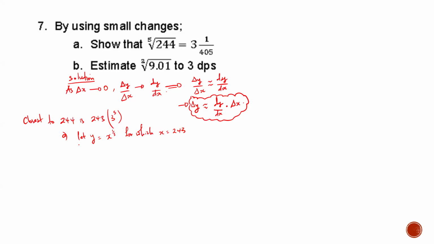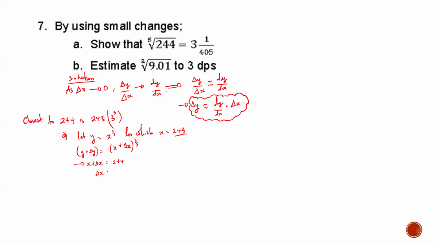243. So if x is 243, then making a small change in x will cause a small change in y. So y plus change in y, which is caused by making a change in x, is x plus delta x power 1 over 5. So if x is 243, it implies that x plus delta x is 244.